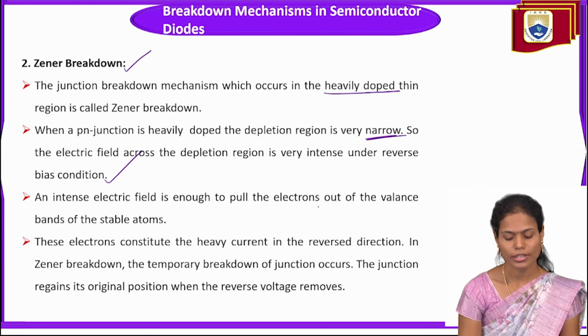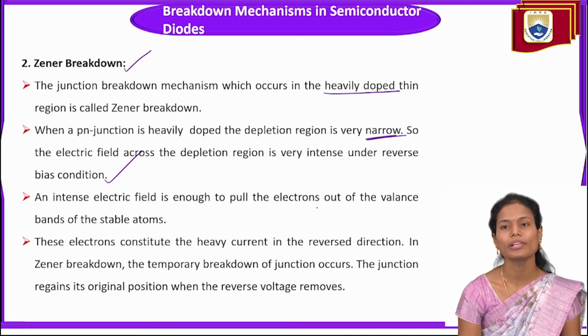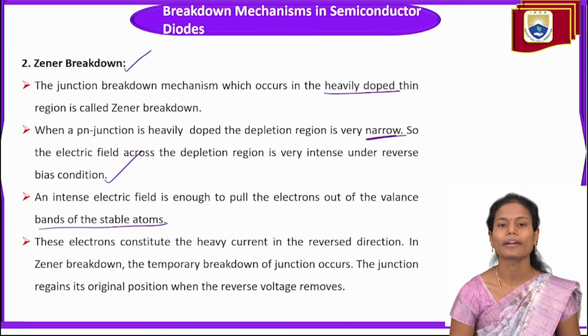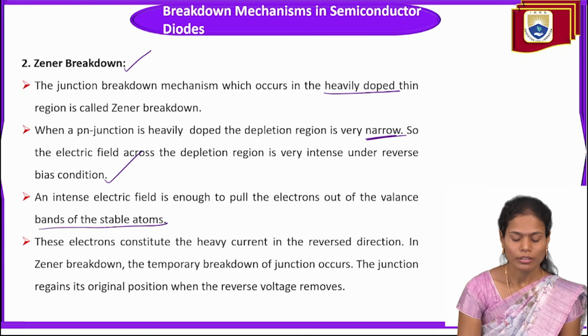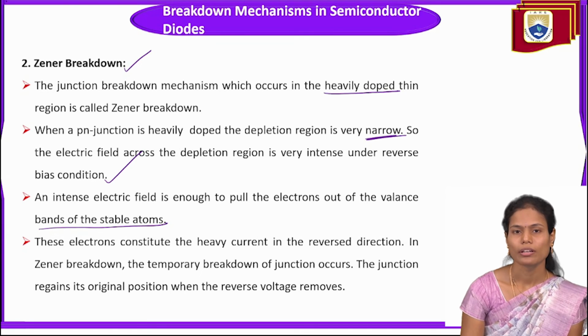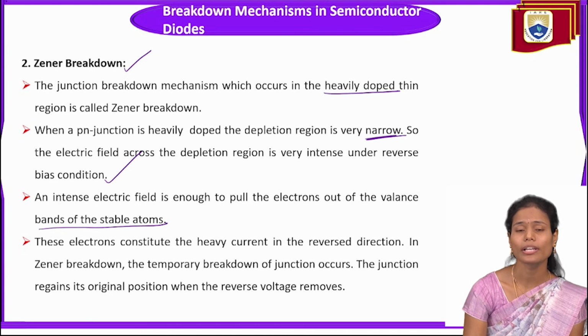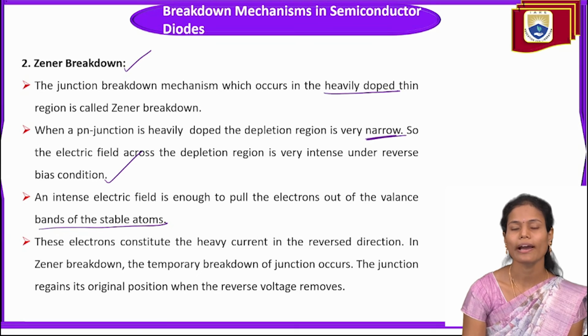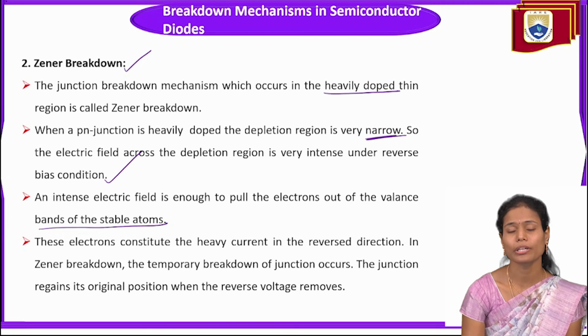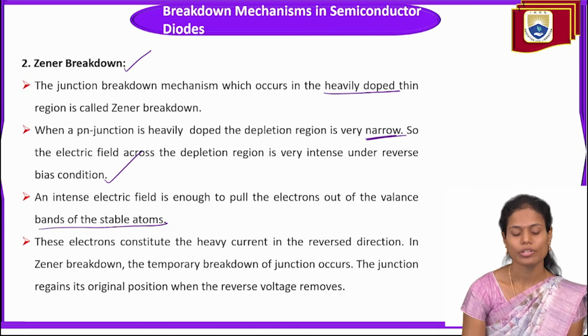This intense electric field is enough to pull the electrons out of the valence band of the stable atoms. It pulls the electrons from the valence band into the conduction band, and those are ready for conduction, but they are coming due to the reverse voltage.